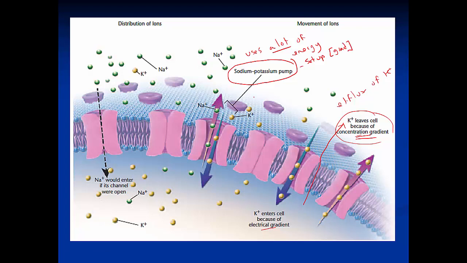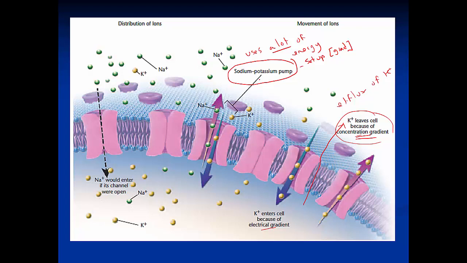Okay, so what's happening? Remember, sodium's not moving, potassium is going out. If I don't do anything over time, eventually the concentration of potassium inside and outside the cell will become equal, and I'll be long dead. I need to maintain that gradient. So in order to counteract potassium leaking out, I need to pump it in.